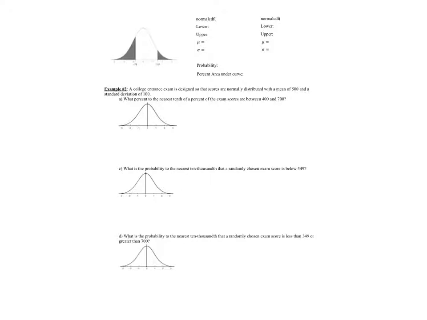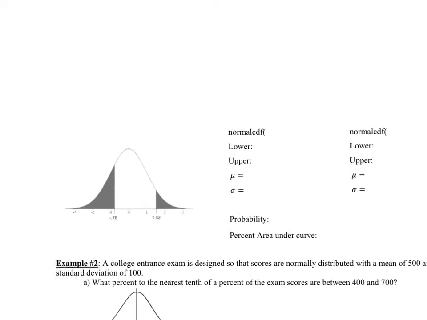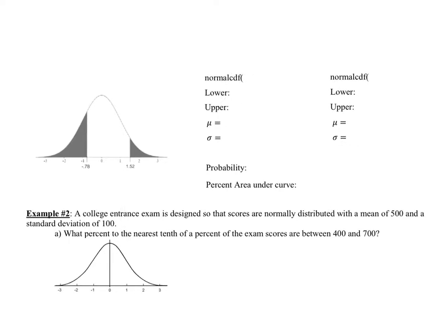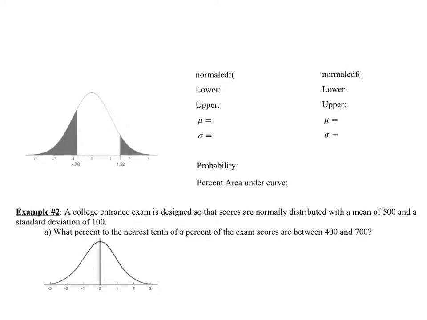Okay, now we have the situation where there are 2 of them. We want to know the probability or the percent area under the curve that is above this score and below that score. Okay, so in this case, we're going to call this number 1 and this number 2. So we do it twice.